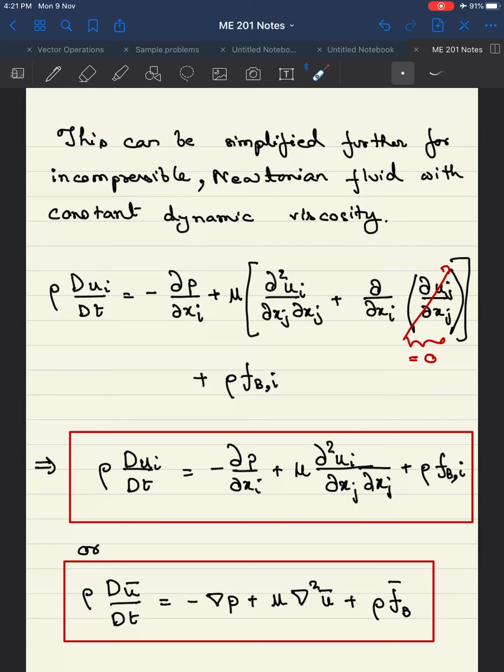As I said, most of the problems are usually incompressible, and rho and mu are often constant, and these equations can be decoupled from the temperature equations also. So unless the temperature differences are very high, one can sometimes neglect the energy equation and just solve for the Navier-Stokes.